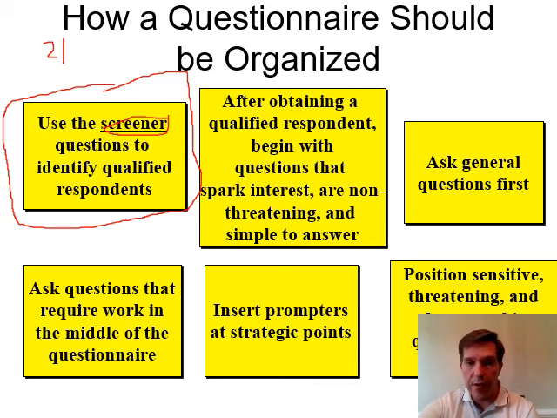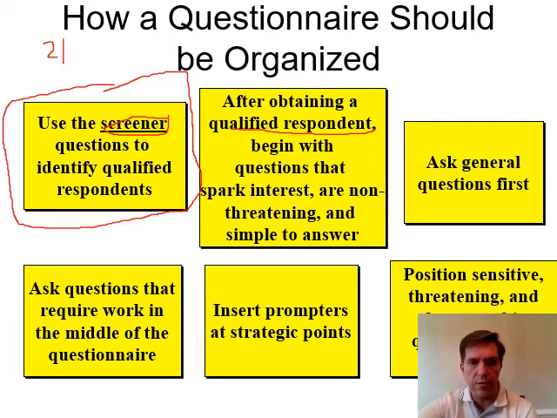After you have a qualified respondent, what you're going to do is ask the easiest questions first, okay? And the most general. The reason why is because they are the ones that are going to make the person feel at ease with the task. If you ask hard questions in the beginning, and by hard I mean something they're going to have to think about a lot or that are hard to recall, people are going to get anxious and you're going to get poor quality of data. You don't want to do that.